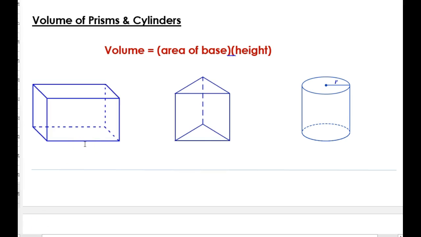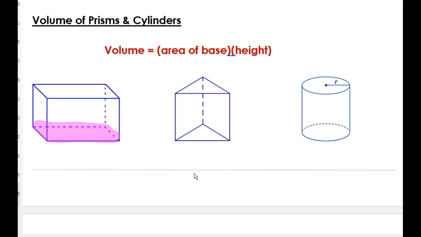Now, as I've mentioned last semester in our GLS course, you can calculate the volume of any prism or cylinder, or any figure for that matter, that has sides that are parallel and don't meet at a point, if you know the area of the base. So for instance, in the case of this rectangular prism, I know the base is a rectangle.